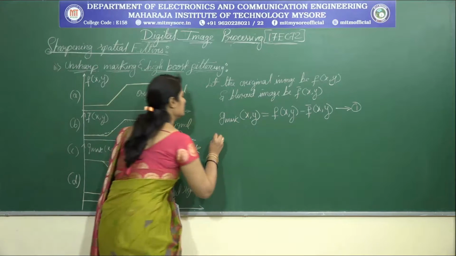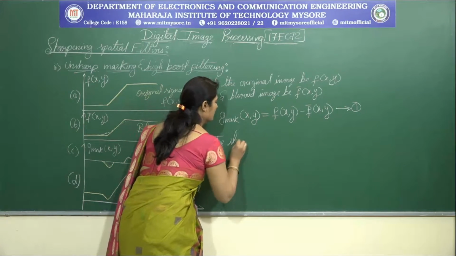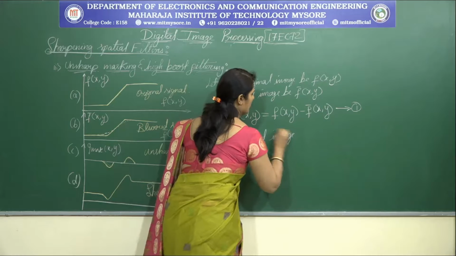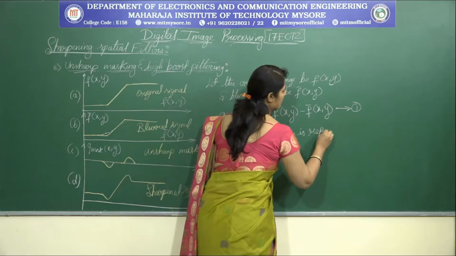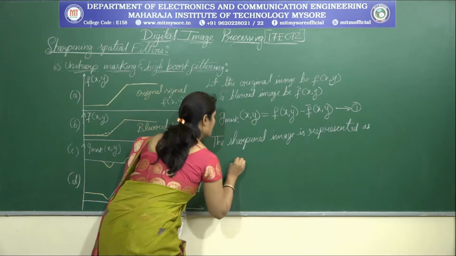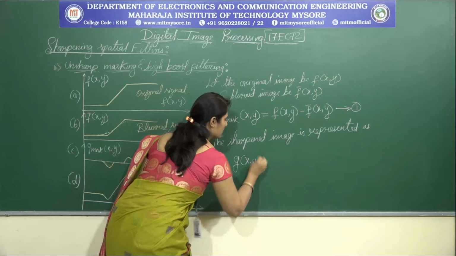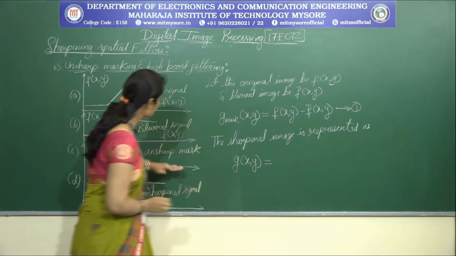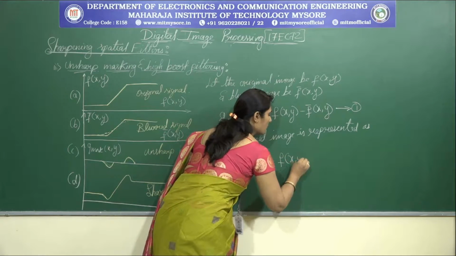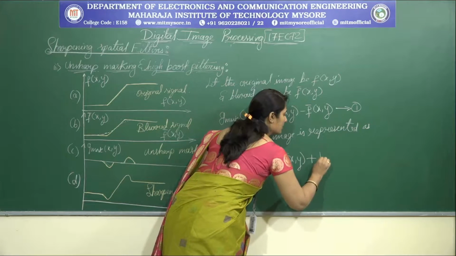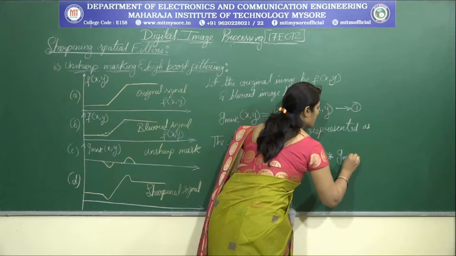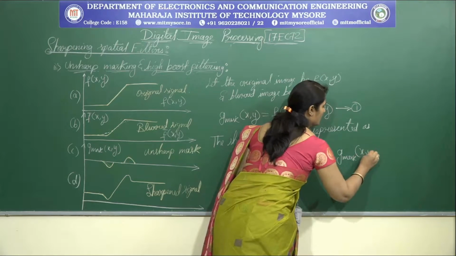Therefore the sharpened image is represented as g of x comma y, which is equal to f of x comma y plus, let that weight be k, into g mask of x comma y.